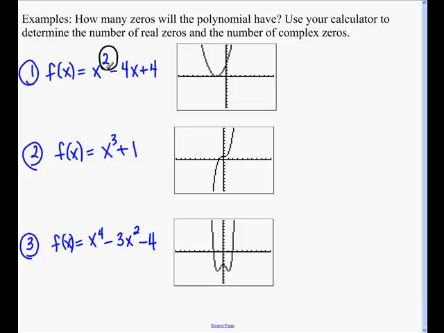Well, for it to have a power of 2, it has to occur exactly twice. So this is a root of 2, and it occurs twice. So this really has two real zeros, or you can think of it as this: it is one zero of multiplicity 2.